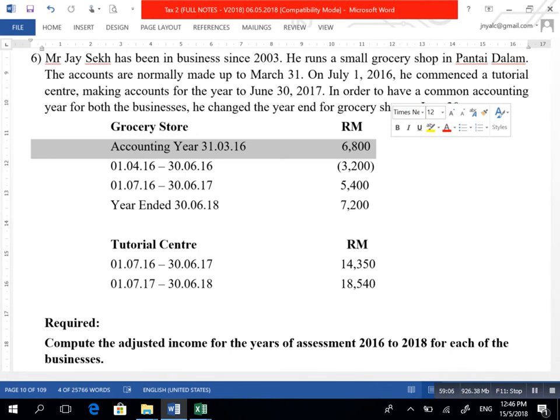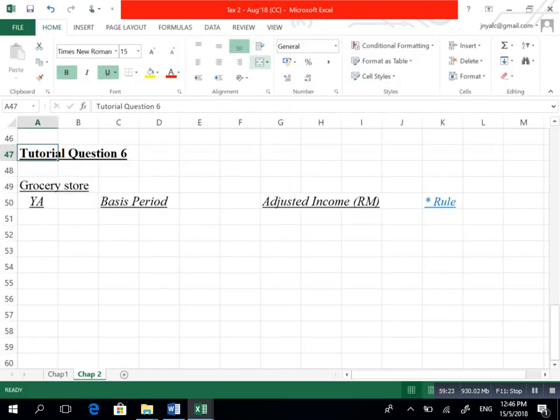For this first account that we know, they follow accounting year until 31st March, which means they will start the account from April 2005, close until 31st March 2016.